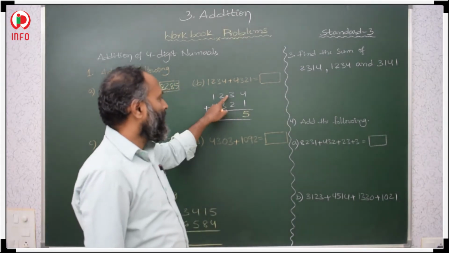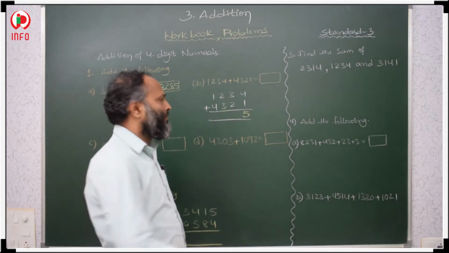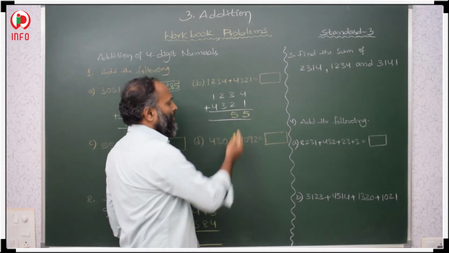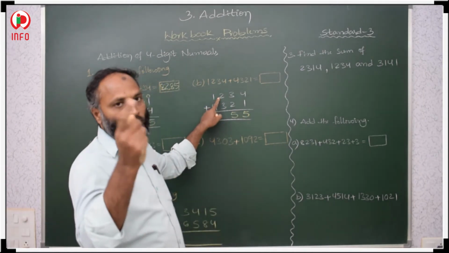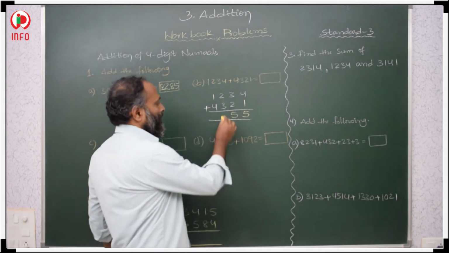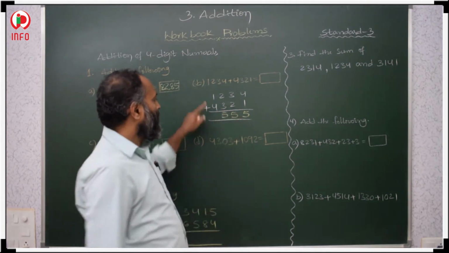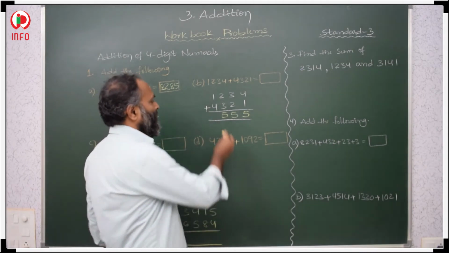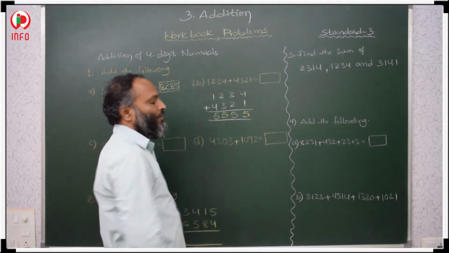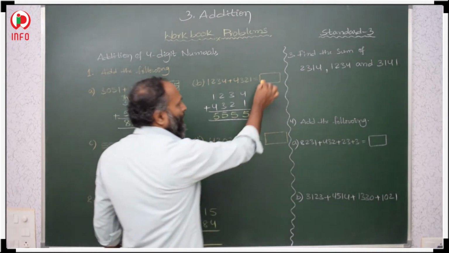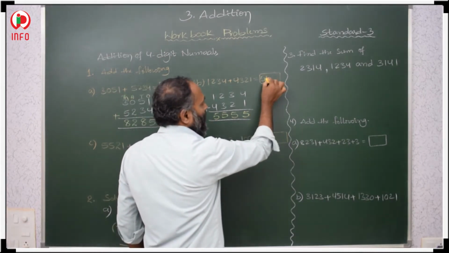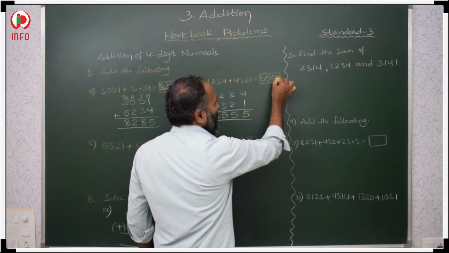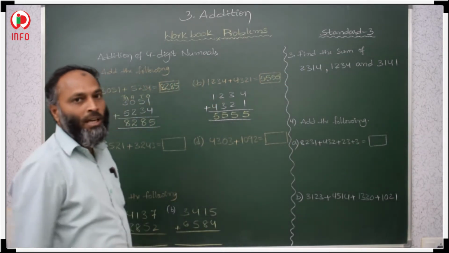Then 3 plus 2, 3, 4, 5. 2 plus 3, 2, 3, 4, 5. 1 plus 1, 2, 3, 4, 5. Means 5555. This is the answer.